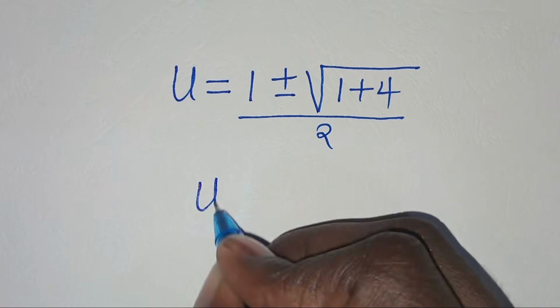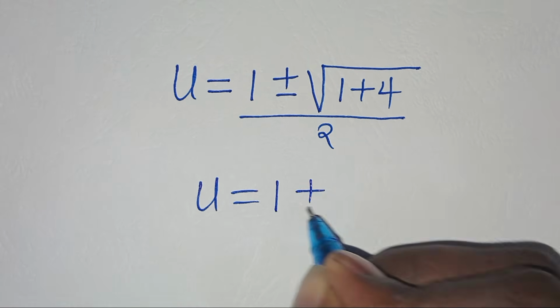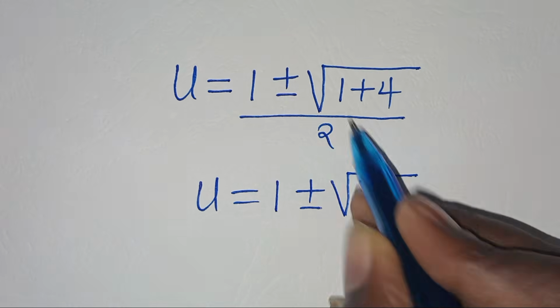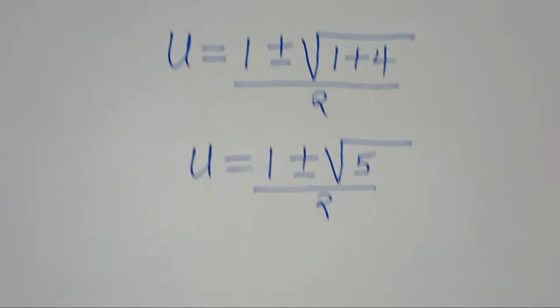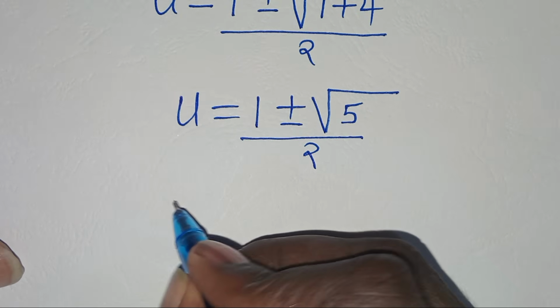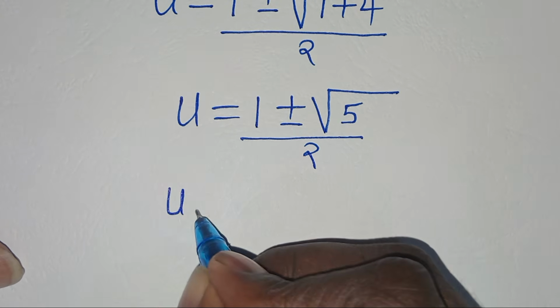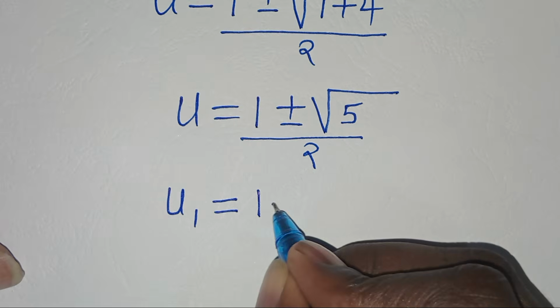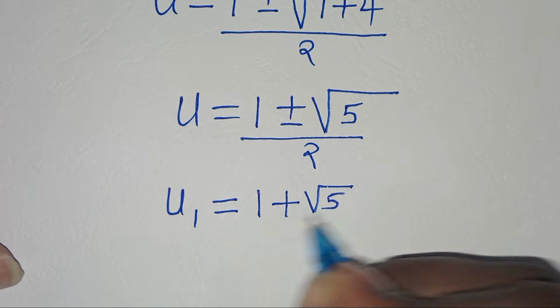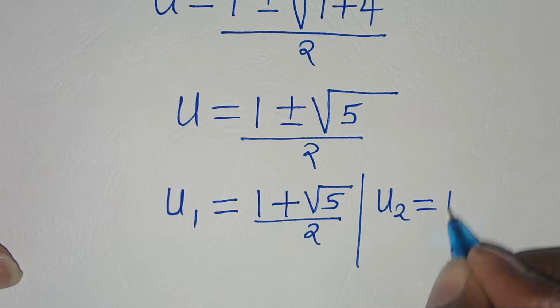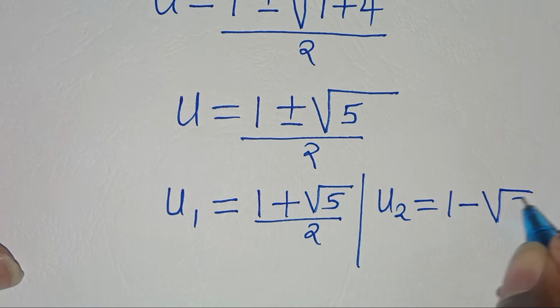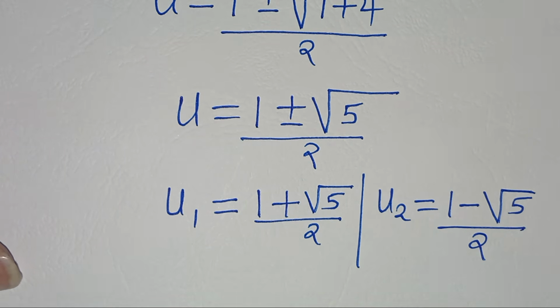So we have that u is equal to 1 plus or minus the square root of 1 plus 4, which is 5, then divided by 2. So this implies that we have two values of u. u1 is equal to 1 plus root 5 divided by 2. Then we have u2, this is equal to 1 minus square root of 5 divided by 2.